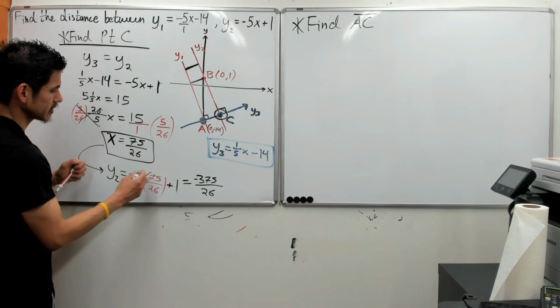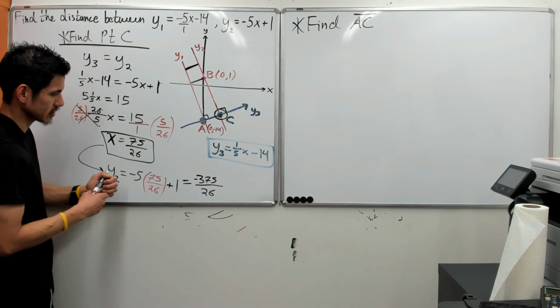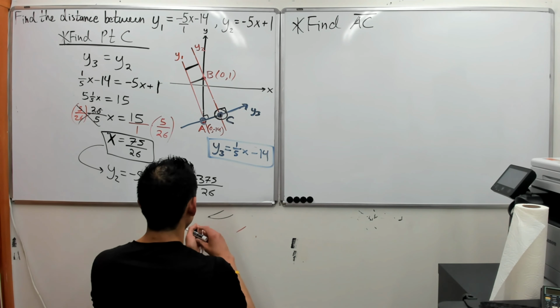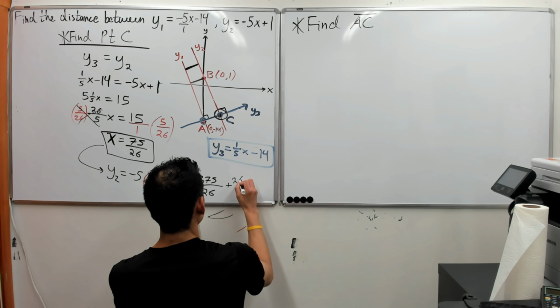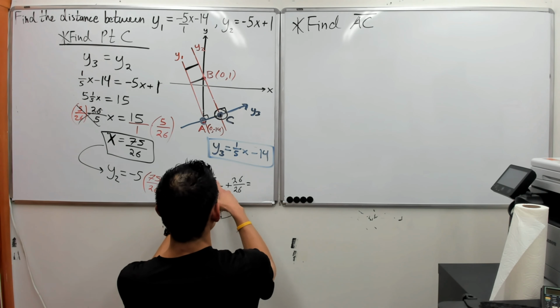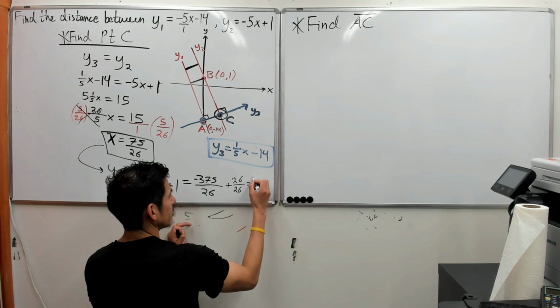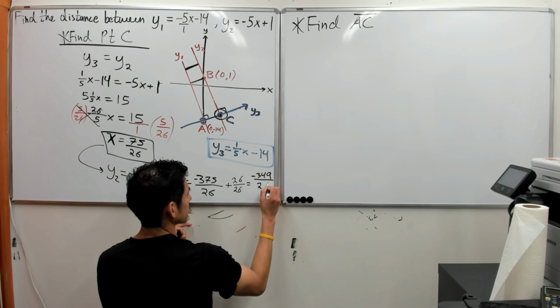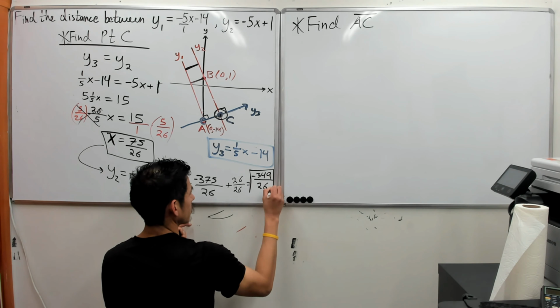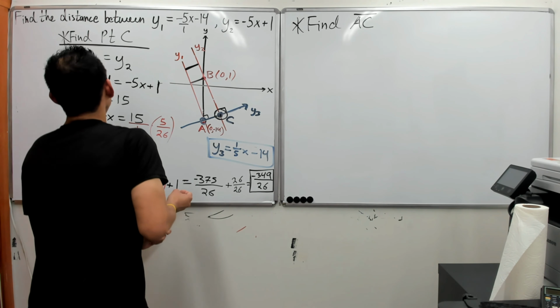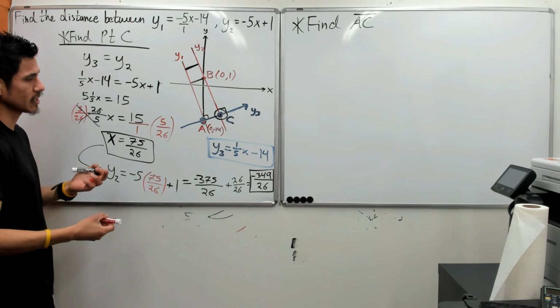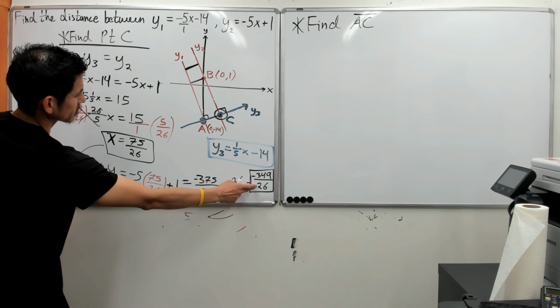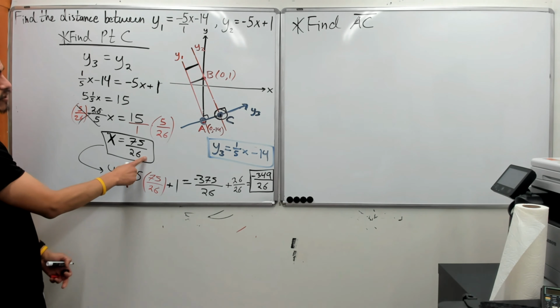Plus 1, we're going to change that 1 into 26 over 26. And then we will get -349 over 26. All right. So what does that tell us? It tells us that point C has this y-coordinate and this x-coordinate.